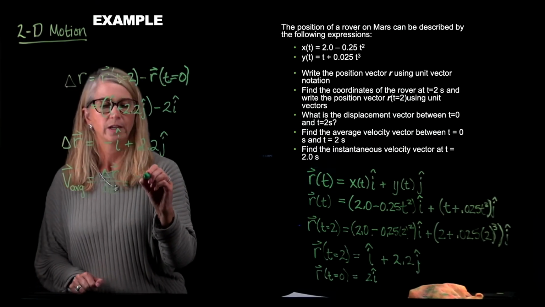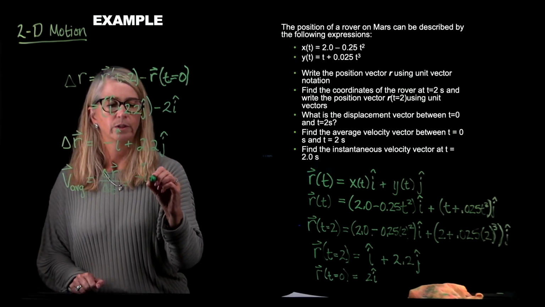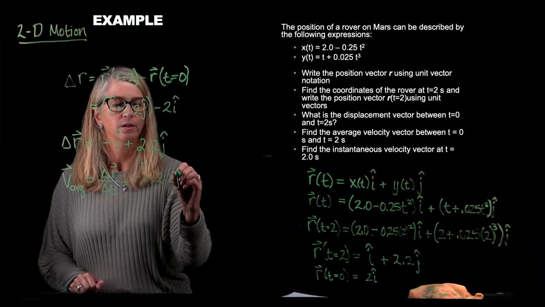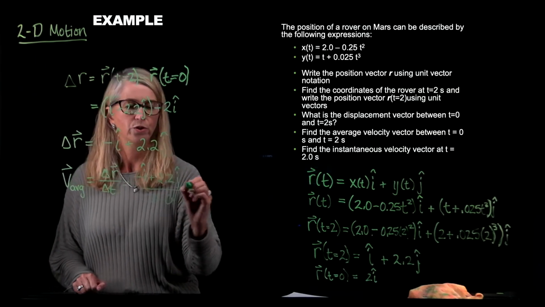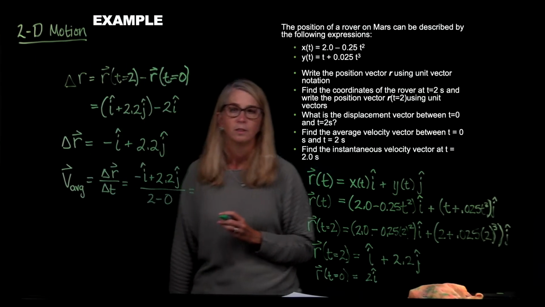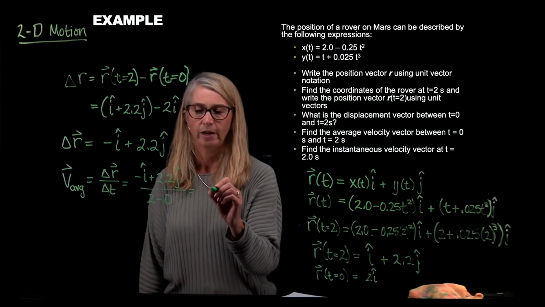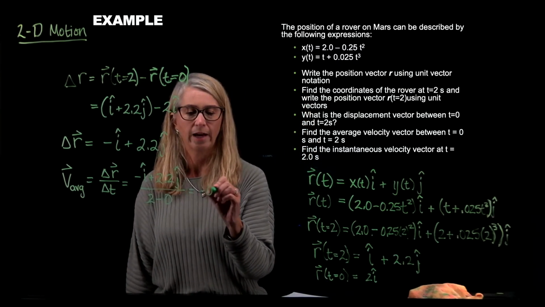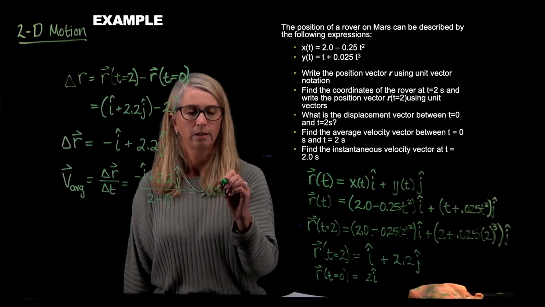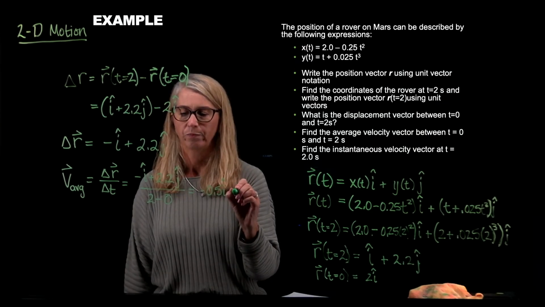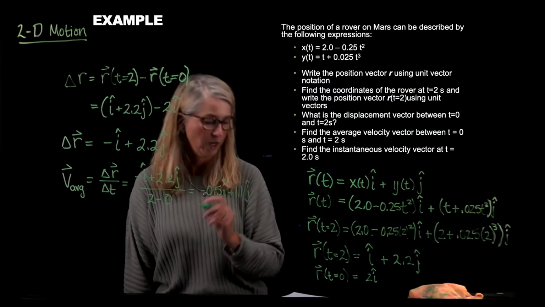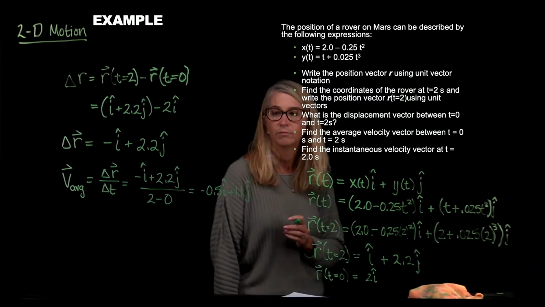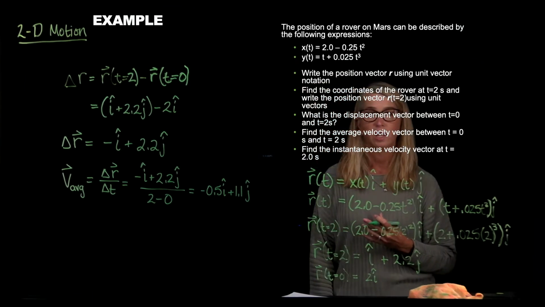So I'm going to take the expression that I just found, and my delta time is 2 minus 0, which is just 2. My average velocity is minus a half i plus 1.1j. And so that's what my average velocity is.